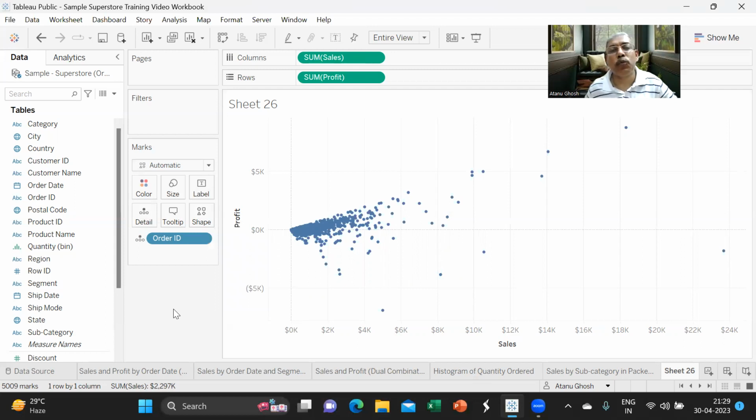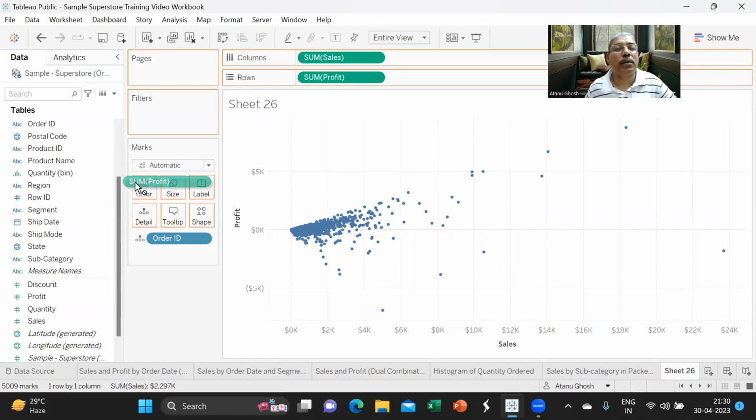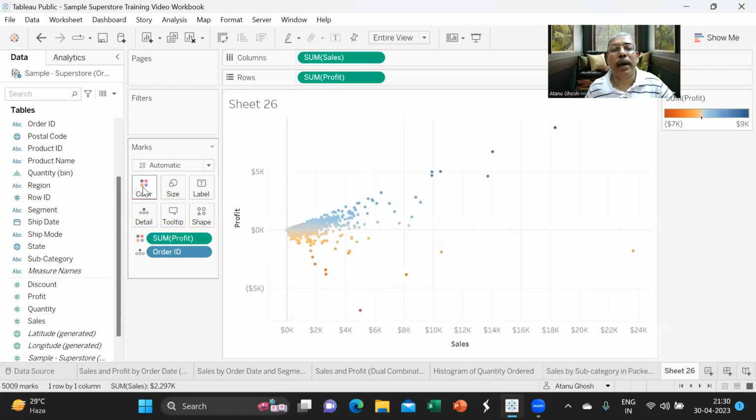And what we also want to do is color this based on some attribute. Now we can do the coloring based on a measure. For example, I can put profit in the color, and it will show the orders that are having high profit in deep blue and the ones that are having very low profit in red.